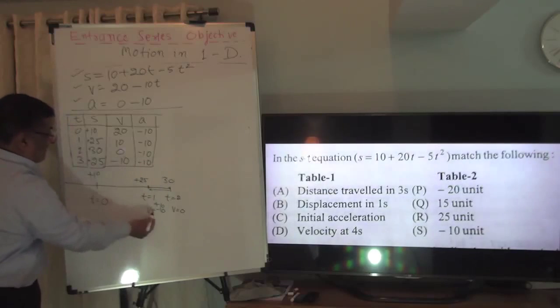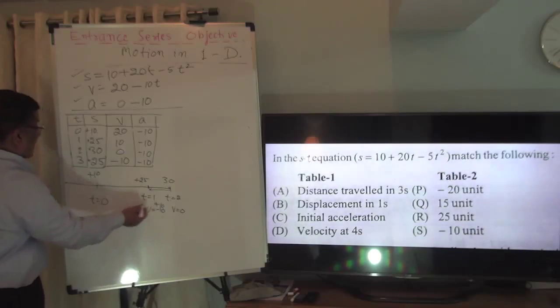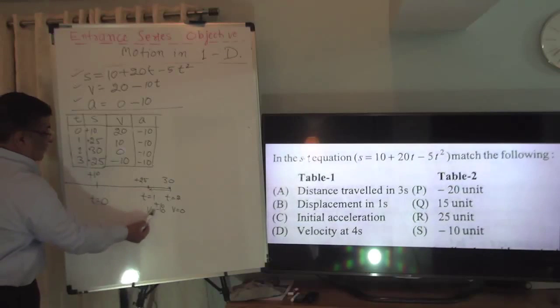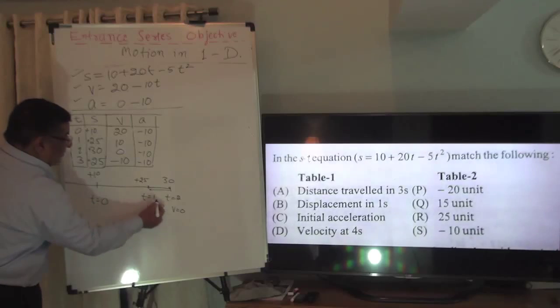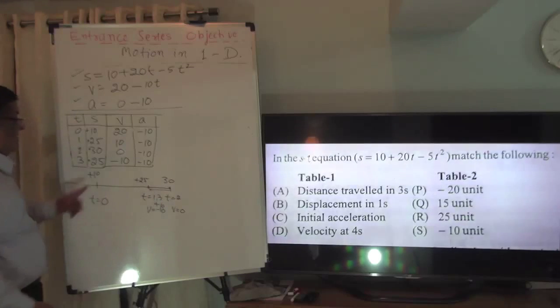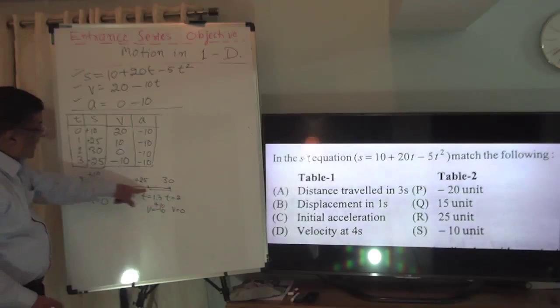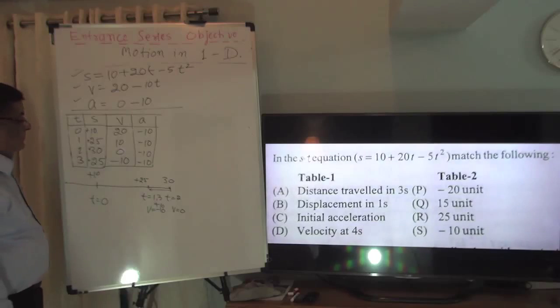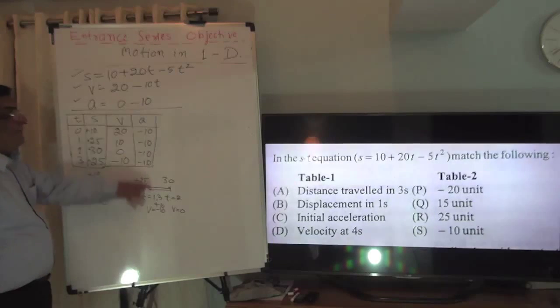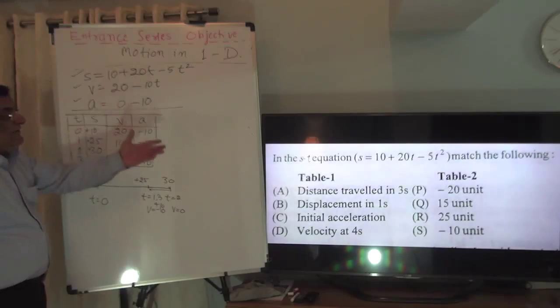When it is coming back, velocity has become minus 10 and at 3 seconds it is at this point. So time is equal to 0, time is equal to 1, time is equal to 2, again time is equal to 3 for this. Okay, acceleration everywhere minus 10 and now I got the answers.